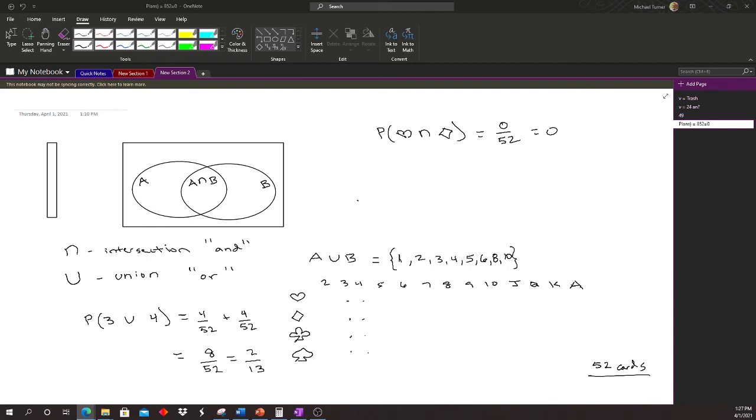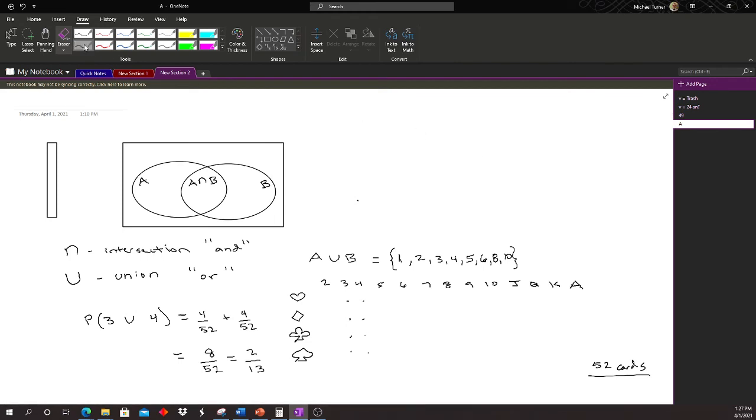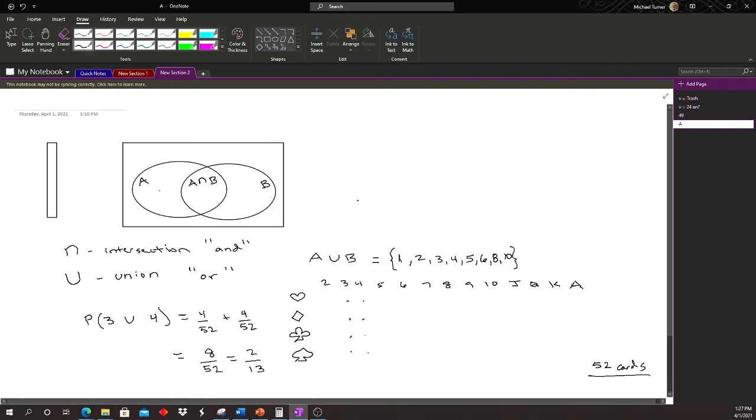In addition to intersection and union, we also have a couple other words we want to define in 10.1. The first of which is what's known as a subset. And of course, as always, there's a formal definition of a subset. Basically, a subset is a set of elements where every element is a member of a larger set.